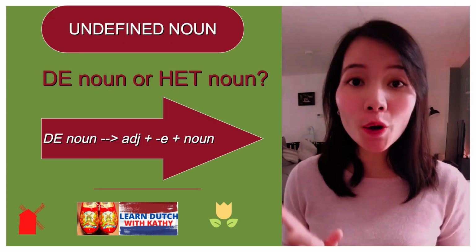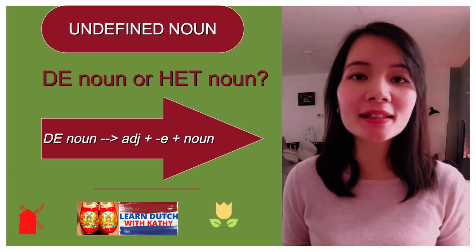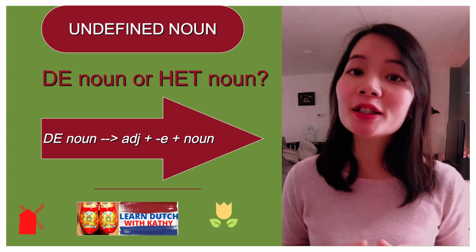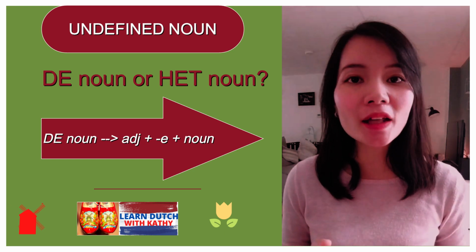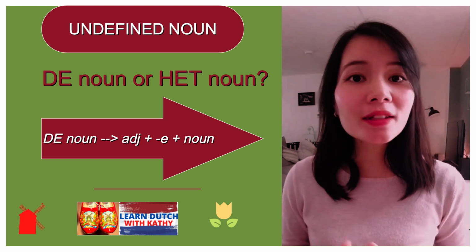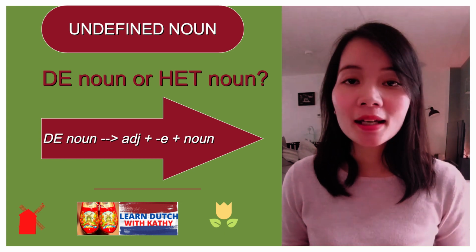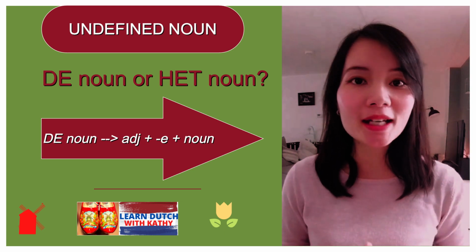And once you already determine the noun in a sentence is undefined, the next step you need to do is to know whether the noun is het or de noun. So if it's a de noun, it works exactly the same as both situations.